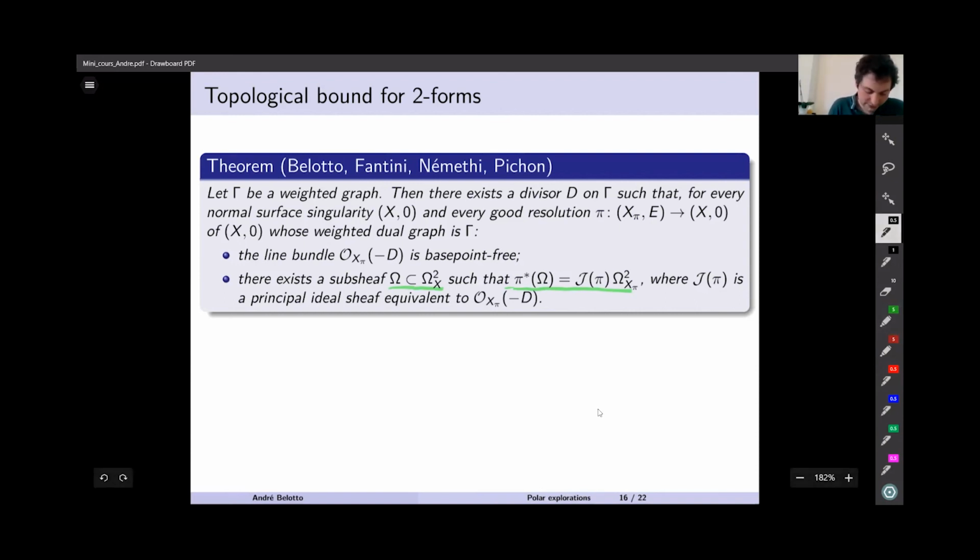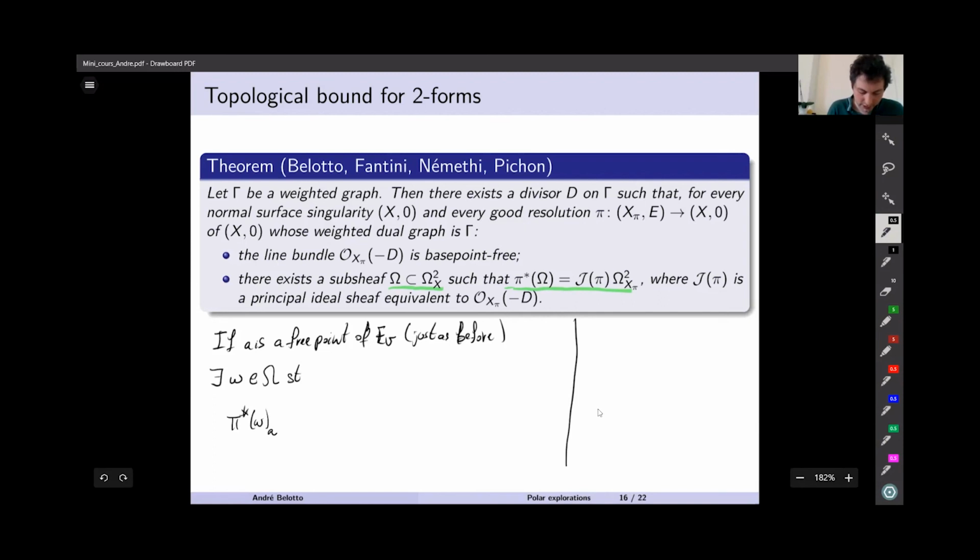So concretely, if A is a free point of EV, just as before, what we're saying is that there exists some omega in this subsheaf omega that we're considering here, such that the pullback of this omega localized at the point A is going to be x to some power mu_v, that depends on the v, times a unit dx dy.